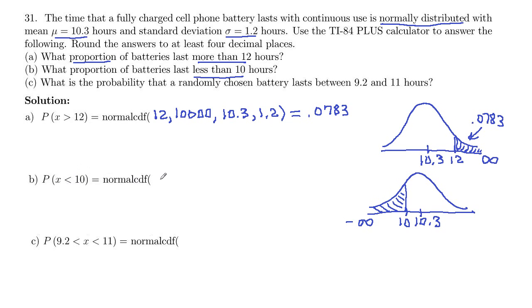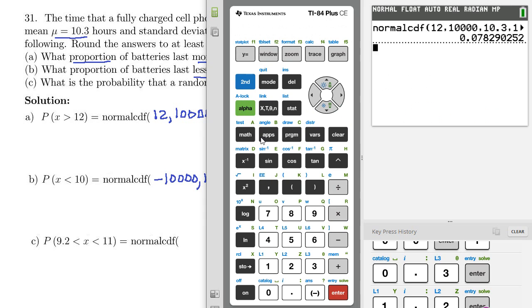So that's going to be normal CDF. We'll do negative 10,000, a big negative number, up to 10. And then our mean is 10.3 and standard deviation 1.2. Let's go ahead and enter that in.